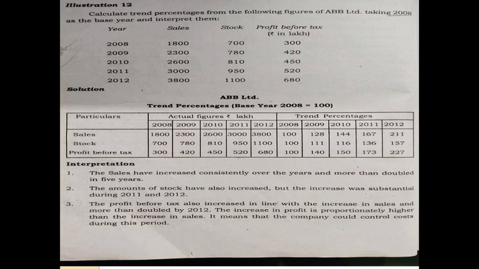In that case, you need to prepare like this: particulars, sales, stock, profit before tax. Because there is no information regarding any other item, we can't prepare a whole statement in horizontal or vertical format or a balance sheet as a whole. Nothing is given in this question, only these 3 items. You need to find the percentage of each individual item, just as we followed in the previous case.